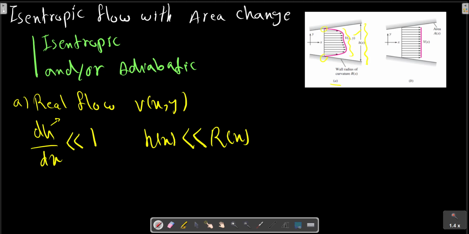Then the flow is approximately one-dimensional as shown in part B in this picture, so what we have is the approximately one-dimensional flow.